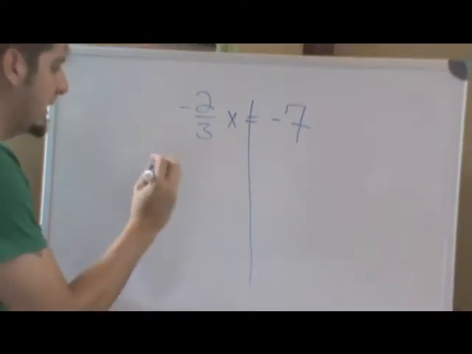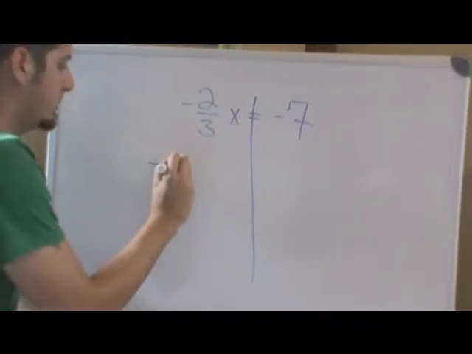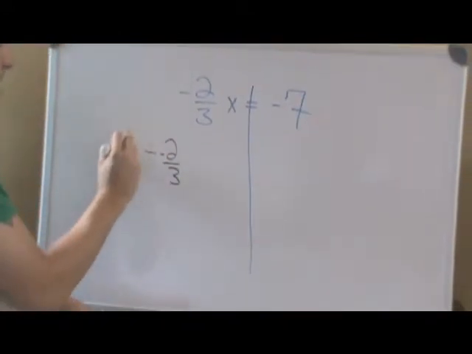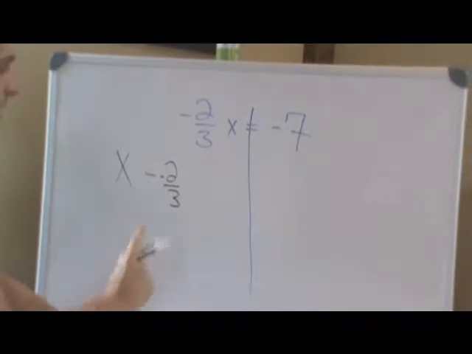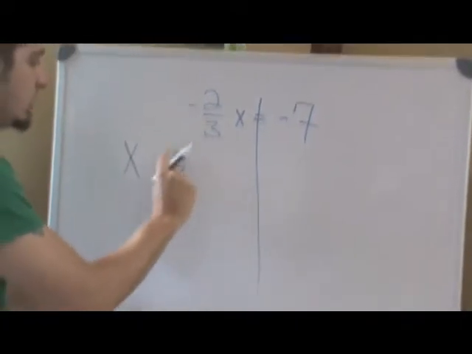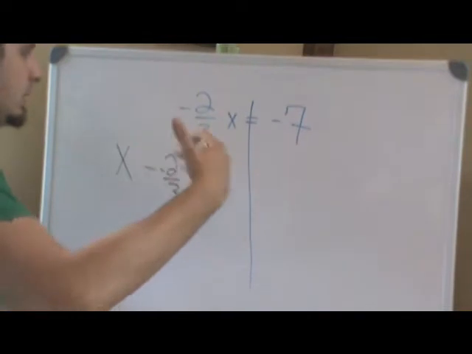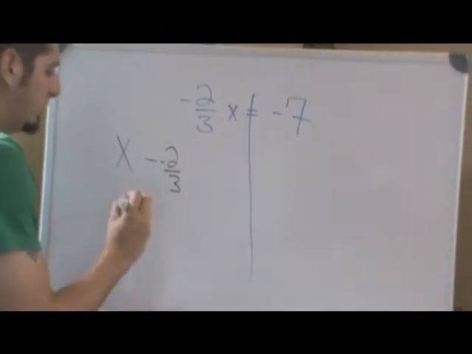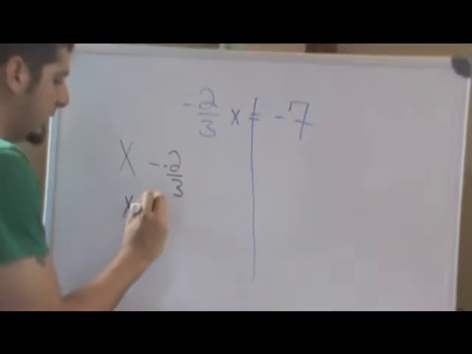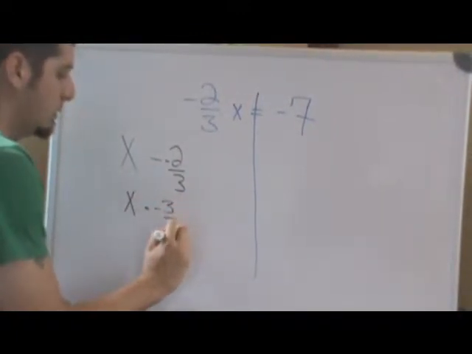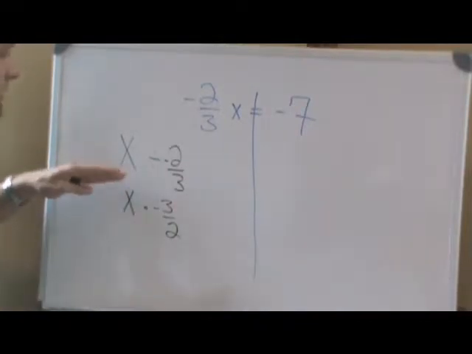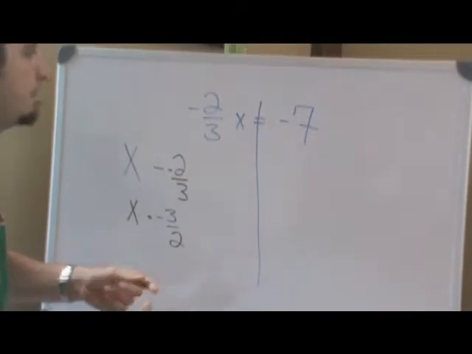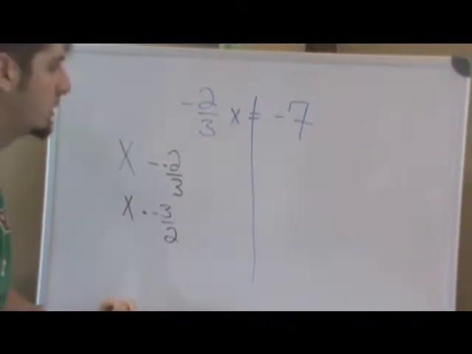The reason is that when you divide with fractions, the rule is you flip the number on the right and you multiply. So in other words, this would turn into x times negative 3/2 anyway.